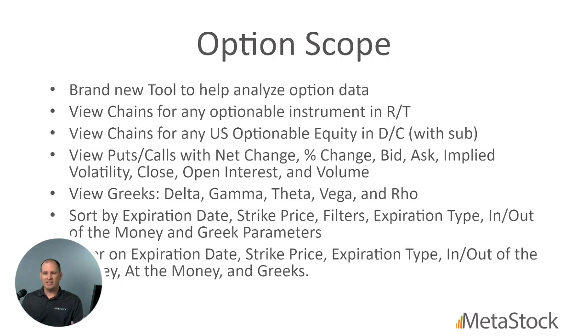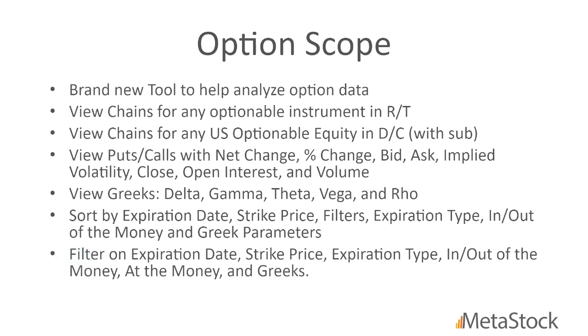So again, this is completely new for MetaStock, to be able to do that options analysis. And we've really tried to make it unique to give you that grid. One of the things I didn't show you is you can still sort on any of the columns, which is something that on most broker platforms you're not able to do. You're not able to sort and rank on those columns and really get in on your data.